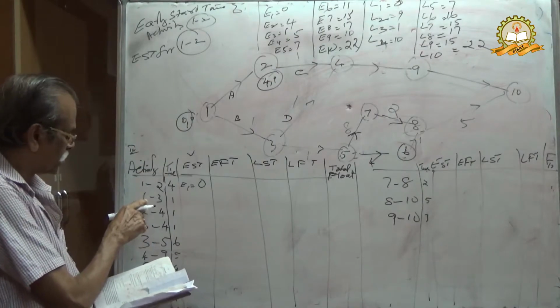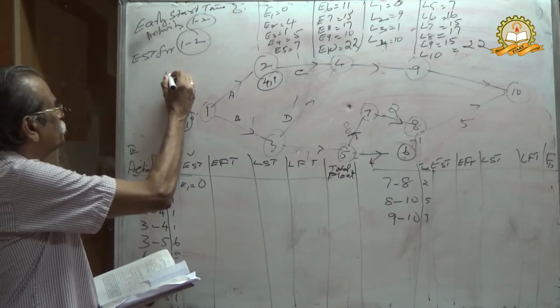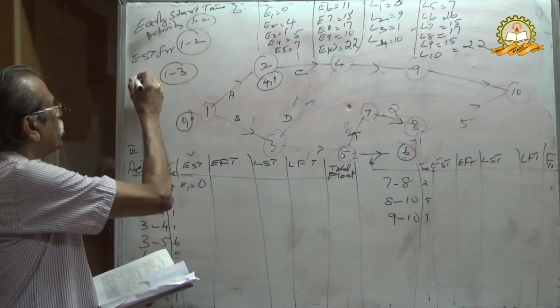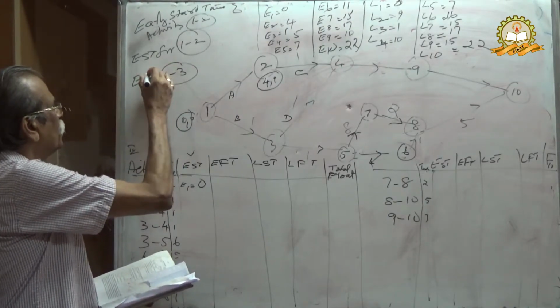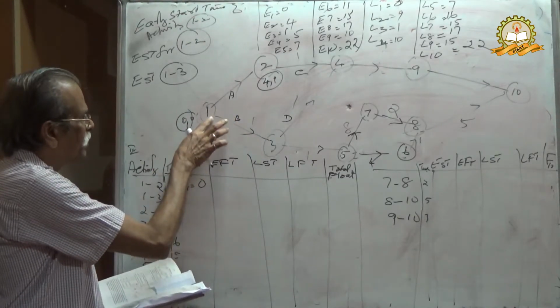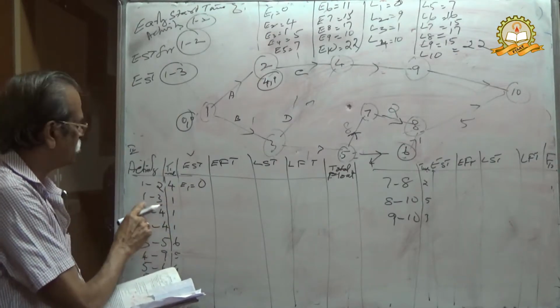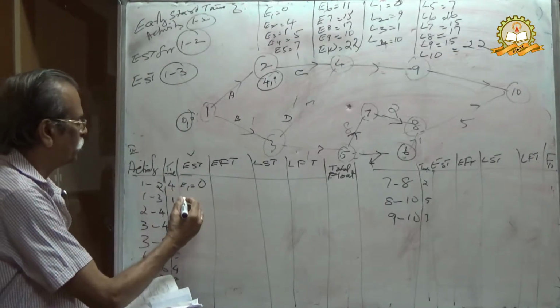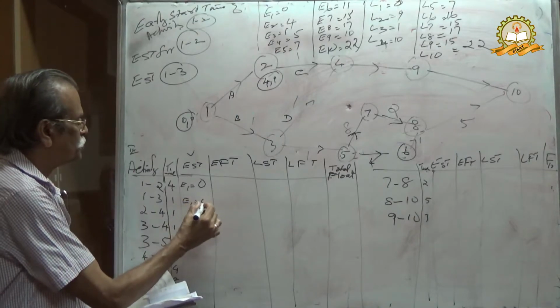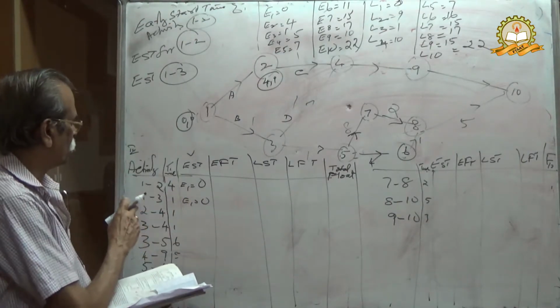Then consider activity 1 to 3. Again the starting point is 1. Therefore 1 to 3 means E1 equal to 0.